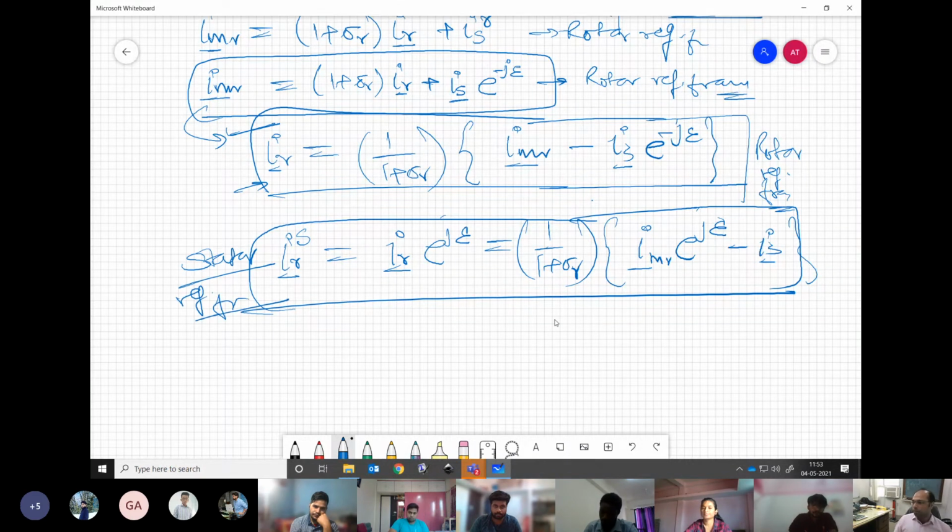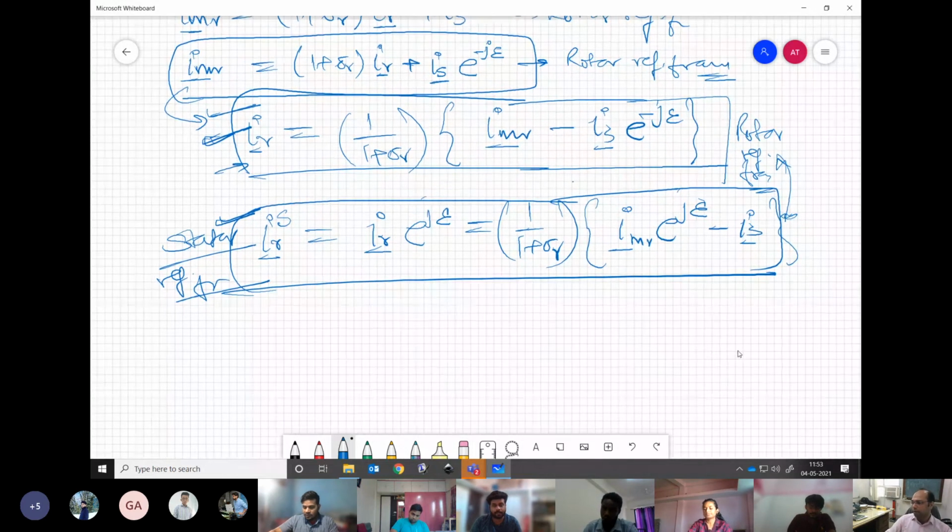Any problem in this? So these two equations we will be using to replace our rotor current and then simplify our model, and then finally go into the DQ reference frame where the IMR is defined. Is that fine?